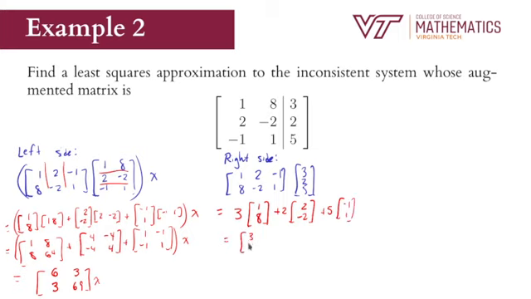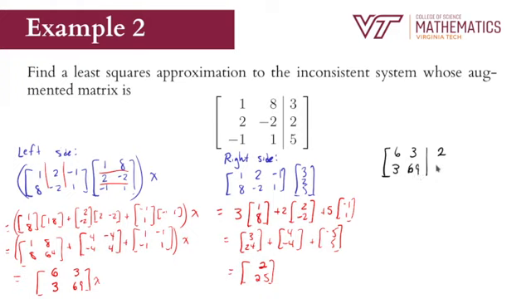So we have 3, 24, plus 4, -4, plus -5, +5. In the top row, we get 2. 7 minus 5 is 2. In the bottom row, 24 minus 4 is 20. 20 plus 5 is 25. And so we have to solve this system. 6, 3, augment that with a 2. 3, 69, augment that with a 25.